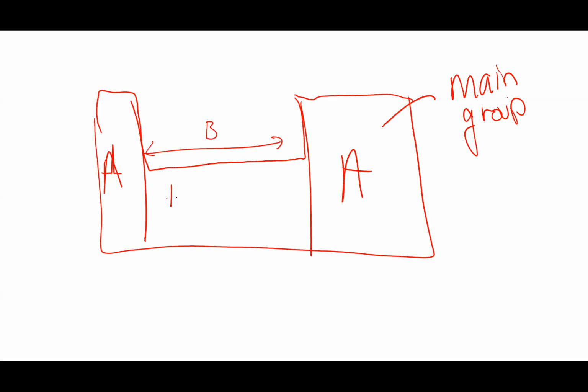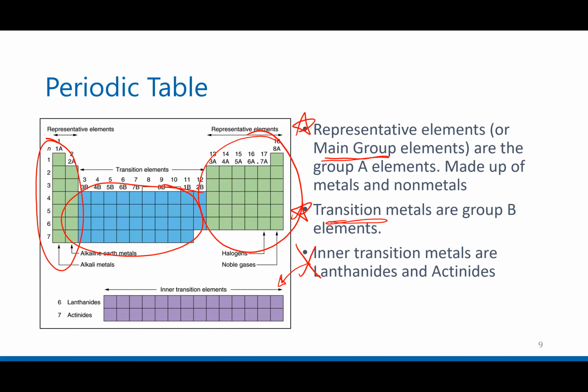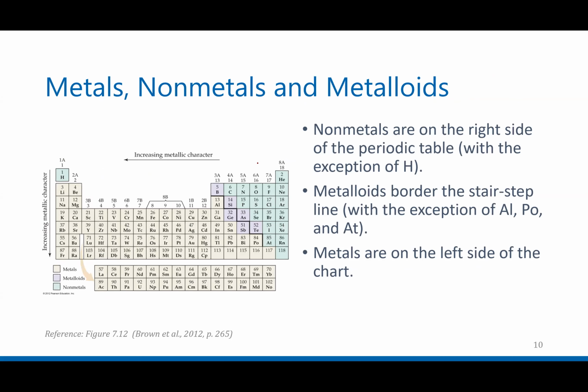B, we call transition metals. They are much more complicated, and we will use some of those metals, things like iron and nickel and copper for sure. So I did cover that yesterday, so that's really it.